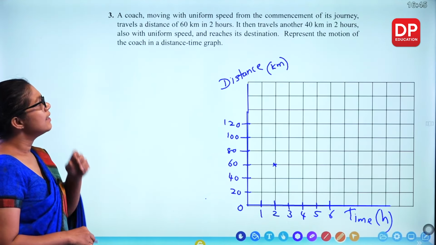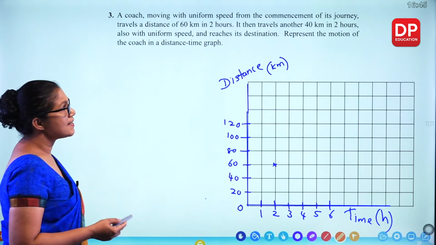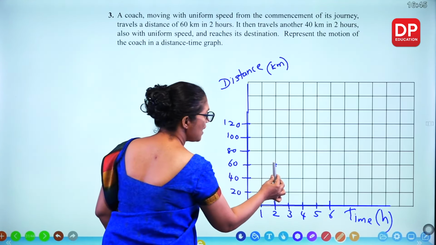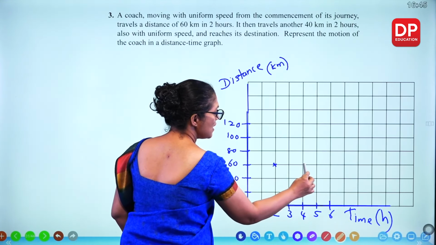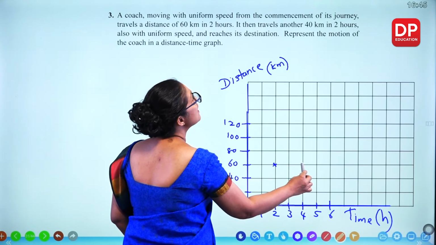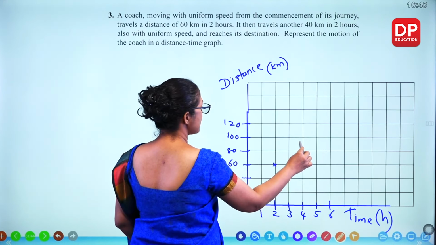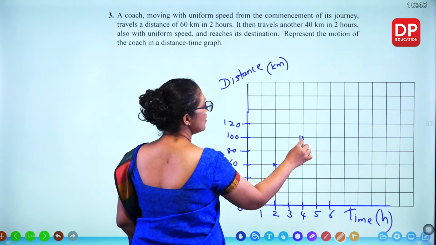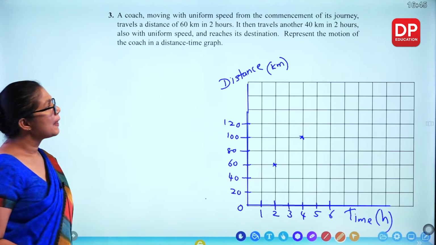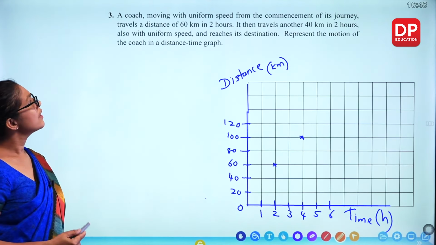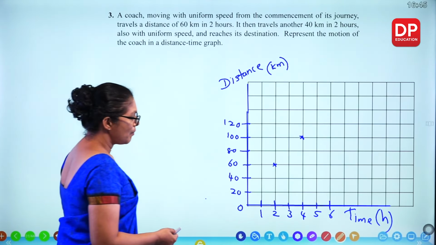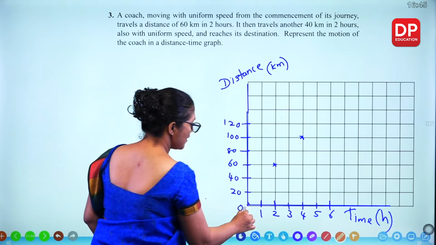Then another 40 kilometers in 2 hours. From here another 2 hours means 4. How many kilometers? 40. 60 plus 40, that's 100. So the next point is here. Now connect the points. Starting point is 0, 0.